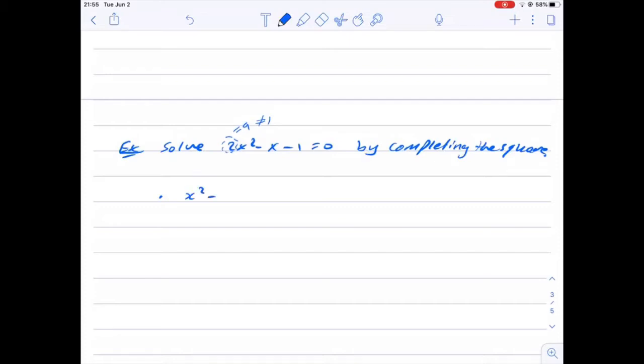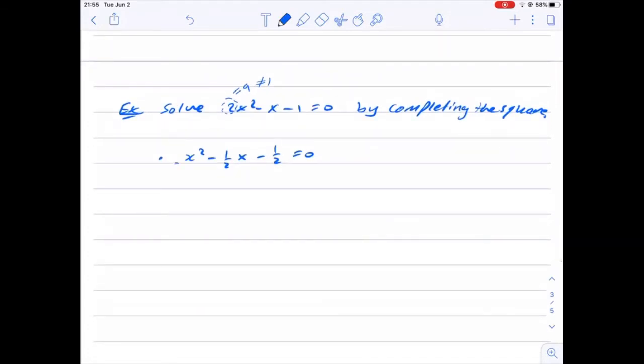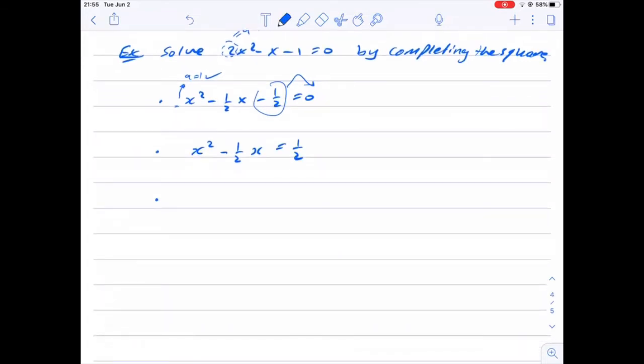So we get x squared minus 1/2 x minus 1/2 equals 0. Now the leading coefficient is 1. Now a is equal to 1, so we can complete the square. The second step is to bring the constant term to the right hand side. It becomes x squared minus 1/2 x equals 1/2, and then we complete the square by using 1/2 times b, squared.